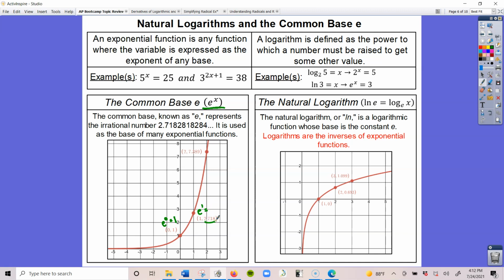That's why the y value here is 2.718, the first few digits of the irrational number e. And here we have 2, so e raised to the second power: if you square 2.71828, etc., you would get 7.389, etc. So that's what those coordinates are.